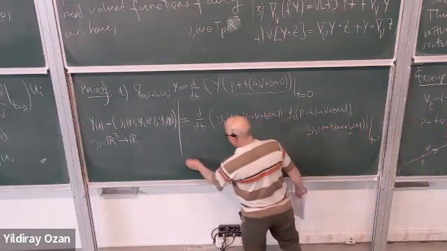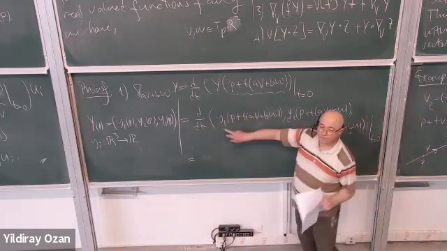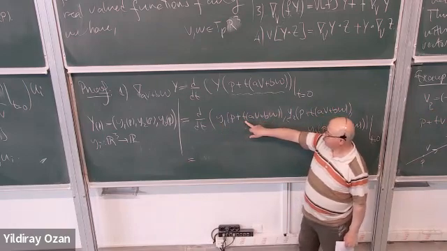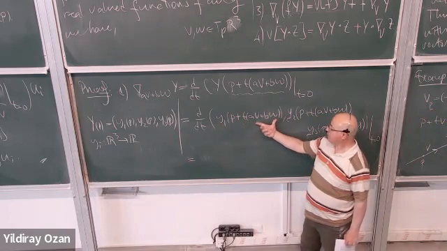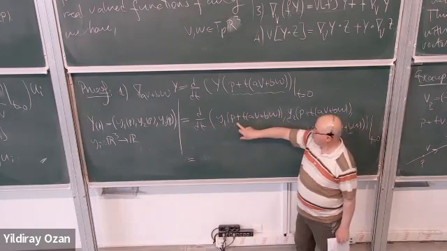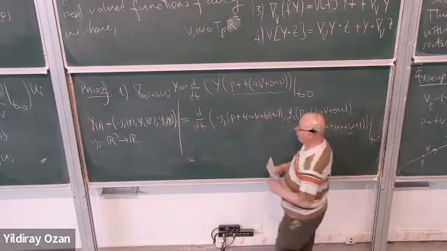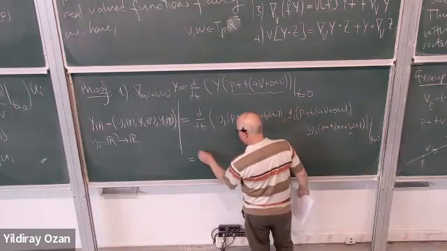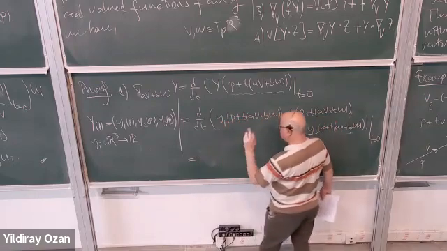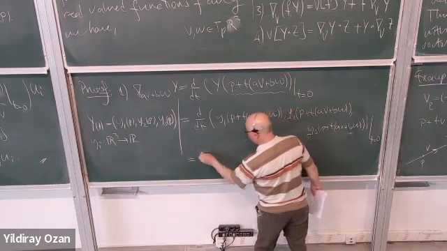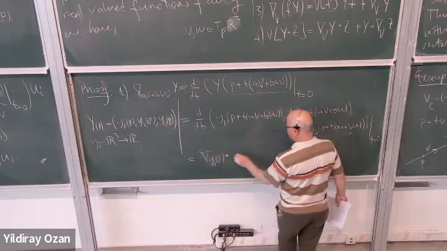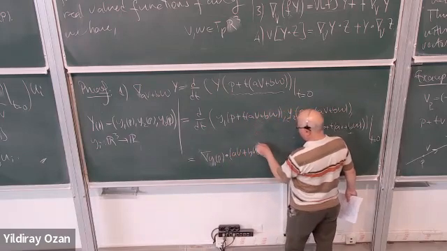Now let's look at the first term here. This is just a function. I am taking its derivative with respect to t. What is this? This is nothing but the directional derivative of this function at the point P along this vector. So this is just the directional derivative. Therefore, this is just the gradient of this function at the point P, dot product with the vector AV plus BW.